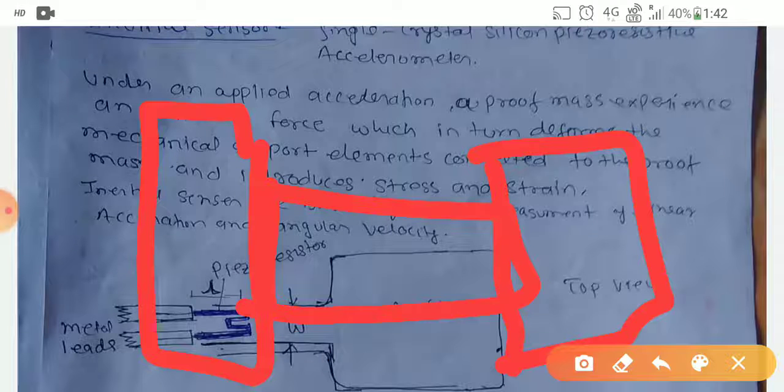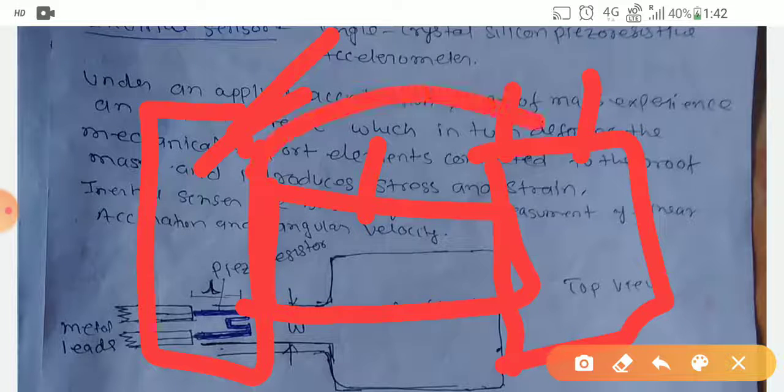That means two support beams are there, one here and the second one here, and in between there is a thin membrane. When it is supported by the two frames, it is known as a bridge. So the total structure is known as a bridge.